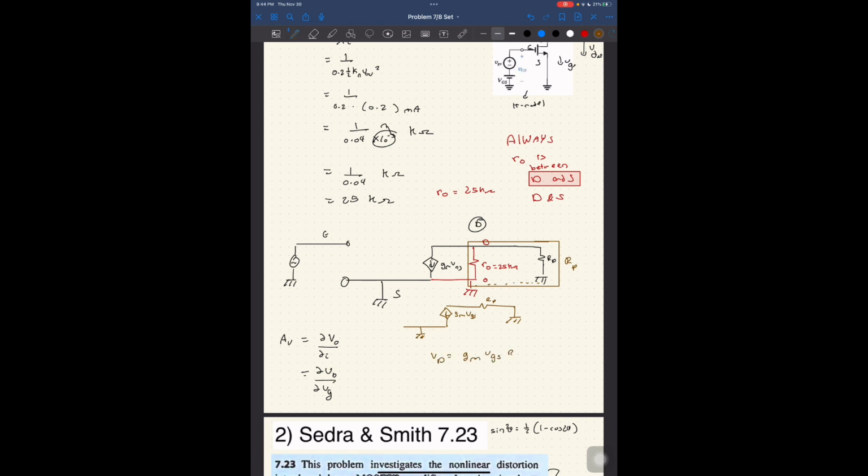gm vgs RP, dVD by dVG, vgs is 0, so it's equal to minus gm RP, where RP is equal to RD times r0 over RD plus r0.